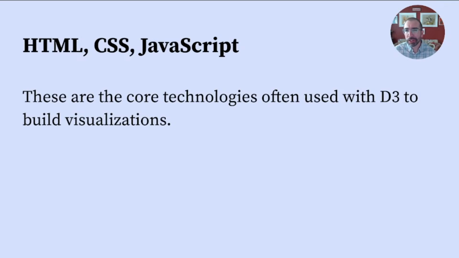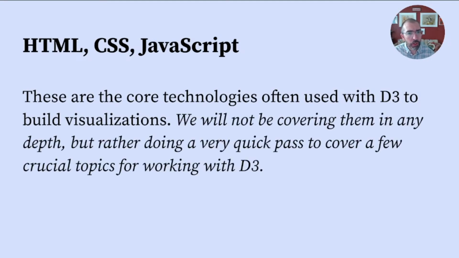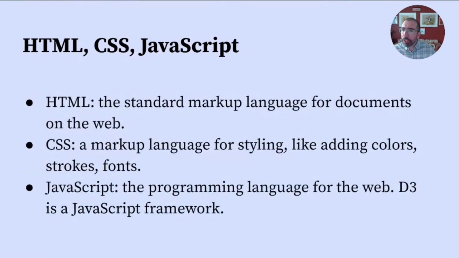We'll cover it real fast. We won't be covering these topics in any depth, just doing a quick pass. So what is HTML? That's the standard markup language for documents on the web. If you look at the code rendered on the page, which you can do for any website, by going to the JavaScript console, you can see the elements on the page.